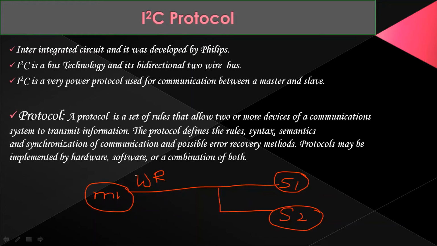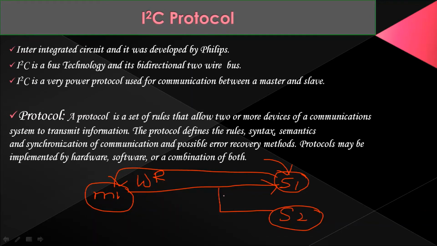It decided that it wants to write some data to slave 1. So now the master is transmitting some data to slave 1. The data is received successfully and the slave sends an acknowledgement to the master. Fine, data was transmitted successfully and received and acknowledgement was sent. This is a very success story.